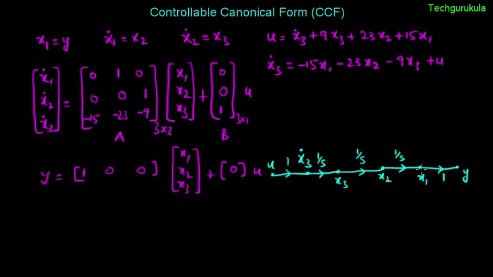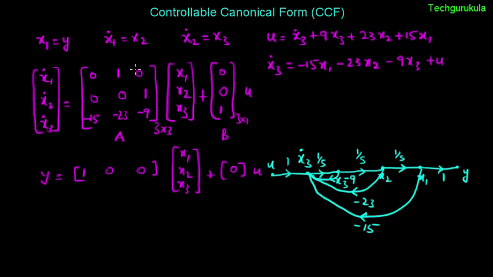So x1 is here; let me feed it back, and minus 23 times x2, so x2 is fed back with minus 23, and x3 fed back with minus 9. So we have these 3 feeding back, x1 with minus 15, x2 with minus 23, x3 with minus 9, and the input also coming.